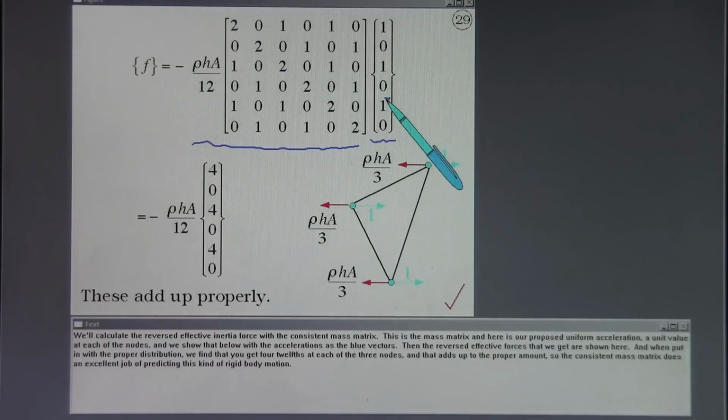We show that below with the accelerations as the blue vectors. Then the reversed effective forces that we get are shown here. When put in with the proper distribution, we find that you get 4/12ths at each of the three nodes, and that adds up to the proper amount. So the consistent mass matrix does an excellent job of predicting this kind of rigid body motion.